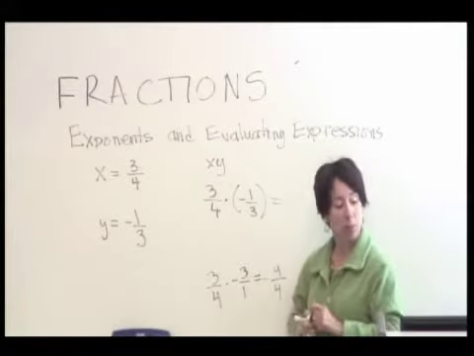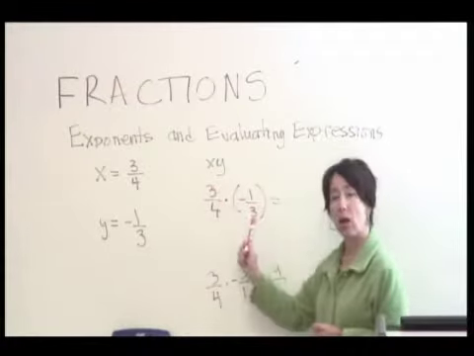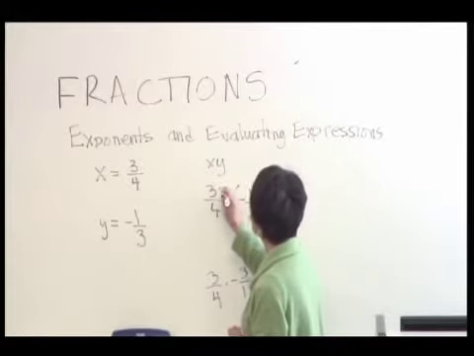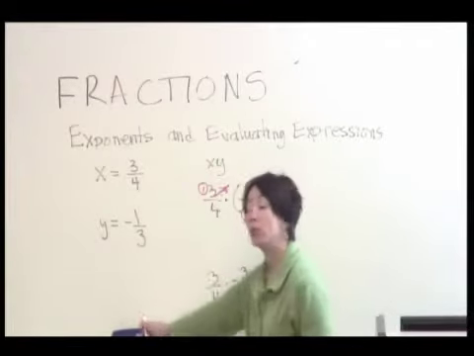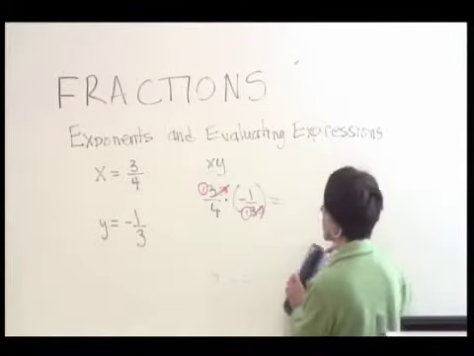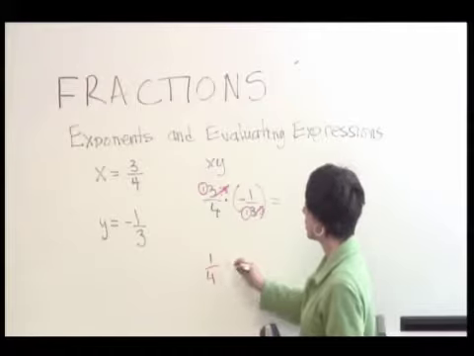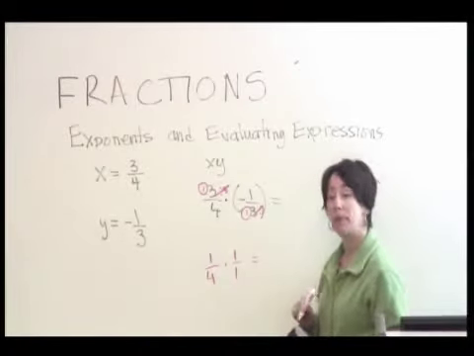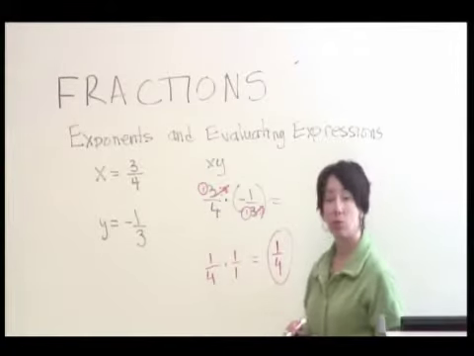Now, before I multiply, I look to see if I can use my cancel law, and I can. I have a common factor between 3 and 3, a 3. 3 divided by 3 is 1. And I'm going to rewrite my problem so I can keep track of it. 1/4 times 1/1. So the final answer is 1/4.